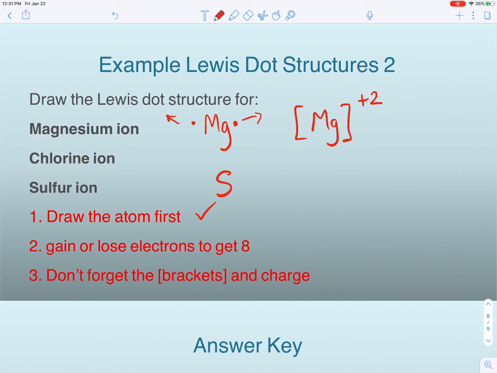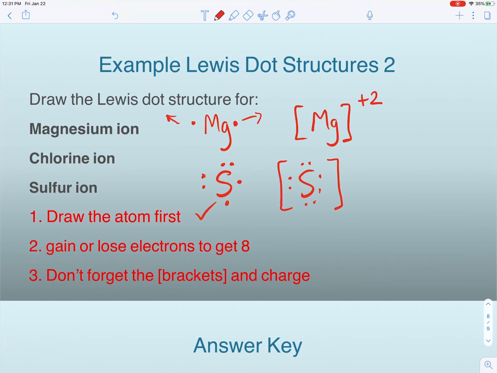Let's look at sulfur. Sulfur is in the same column as oxygen, group 16, which tells me it has 6 valence electrons. 1, 2, 3, 4, 5, 6. For sulfur, it's going to be easier to gain 2 more electrons. So it's going to have 1, 2, 3, 4, 5, 6, 7, 8.